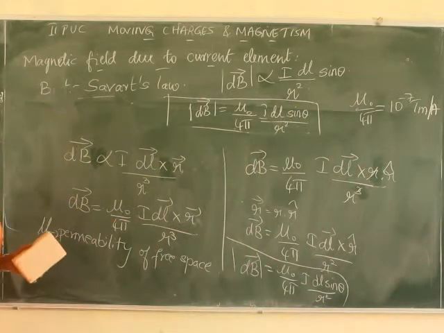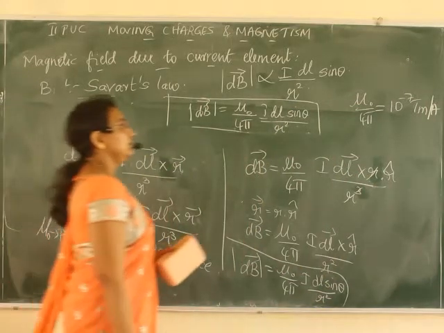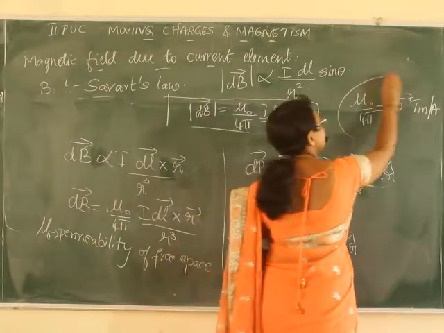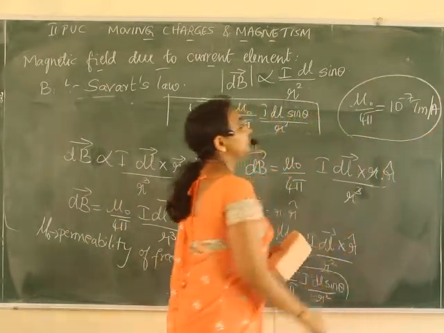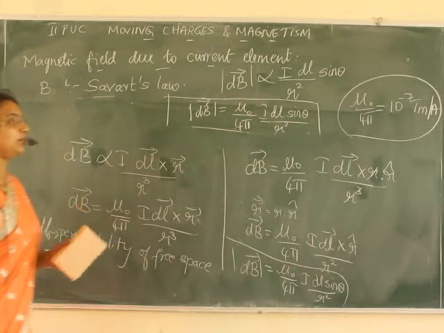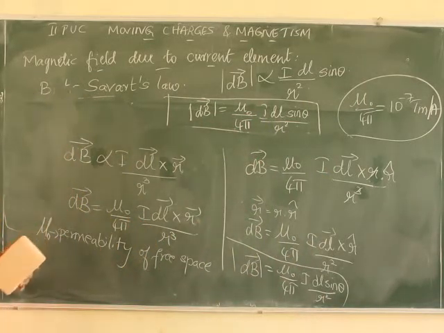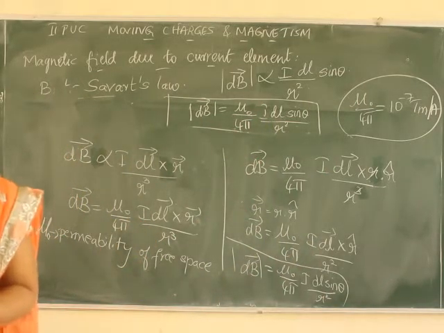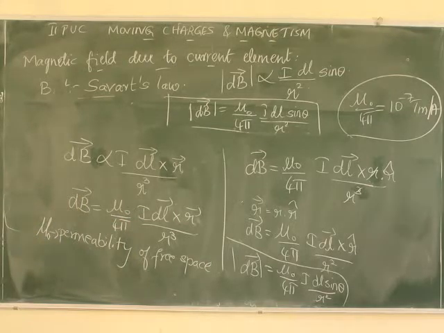Okay, this is the value of mu naught by 4 pi. You should know this for solving the problems.